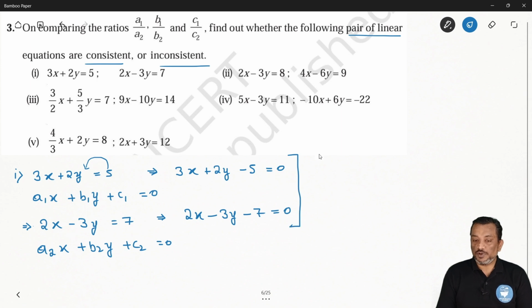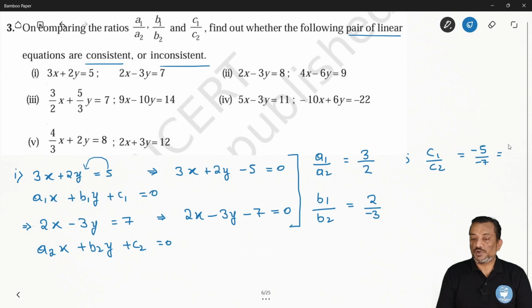Okay, so a1 over a2, you will get how much? a1 is given 3 and a2 you have given 2. ठीक है, same way you can say b1 over b2, you have given how much? 2 and minus 3. Okay, and last you can find here c1 over c2, you will get given minus 5 over minus 7.